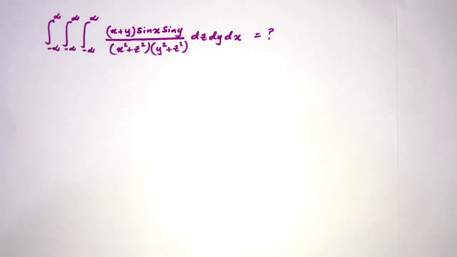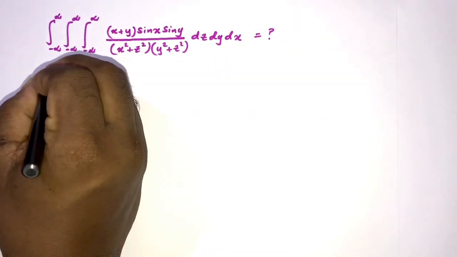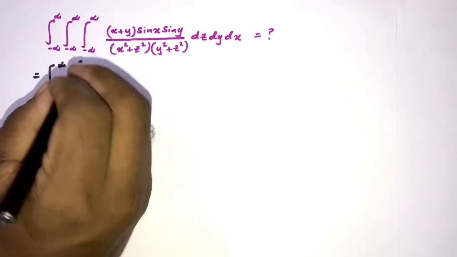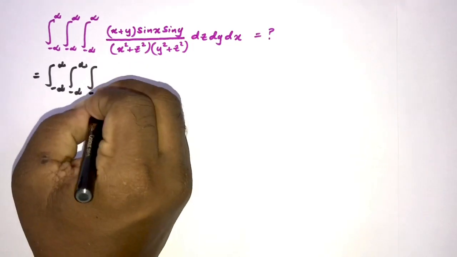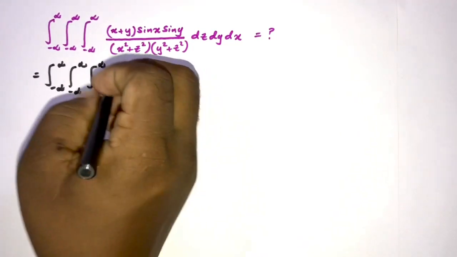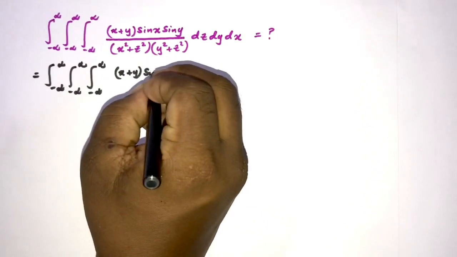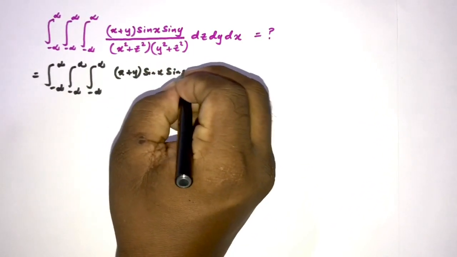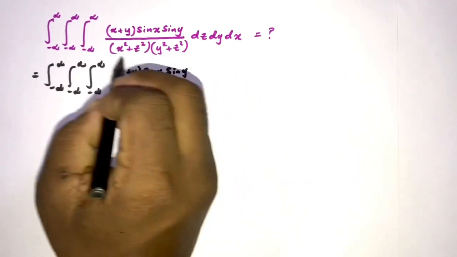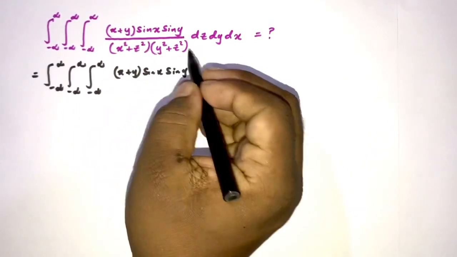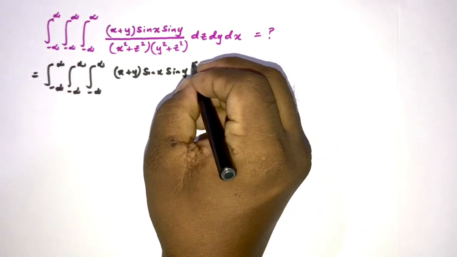How to begin? Well, first here minus infinity to infinity, again minus infinity to infinity, again minus infinity to infinity. Now here we have in the numerator x plus y times sine of x times sine of y over these terms, x square plus z square times y square plus z square. So let us simplify a little bit.